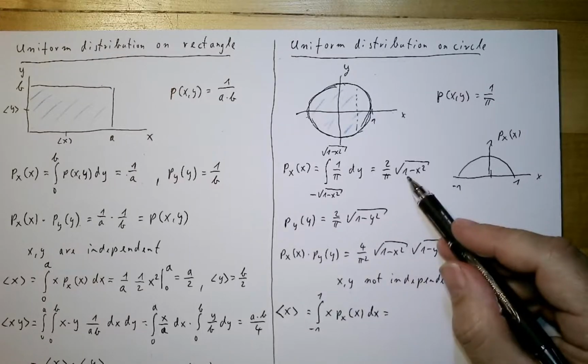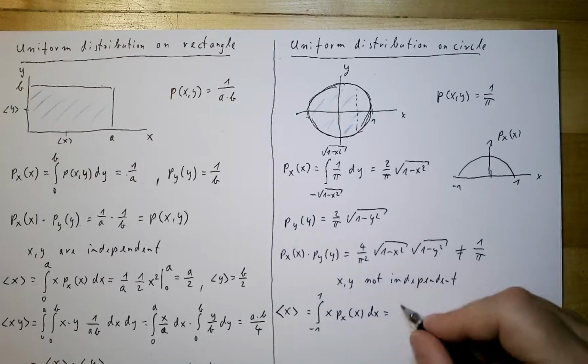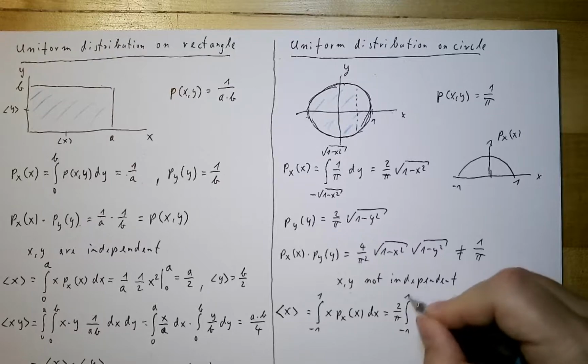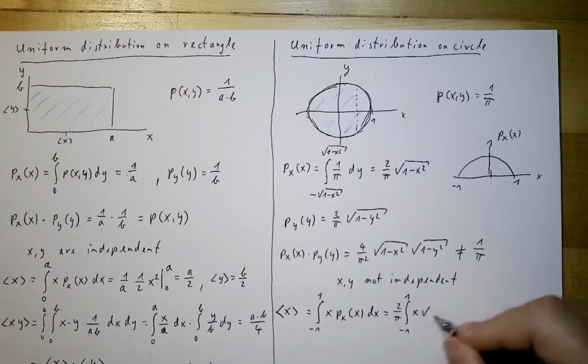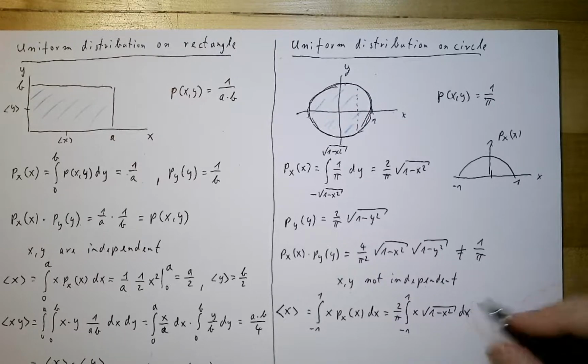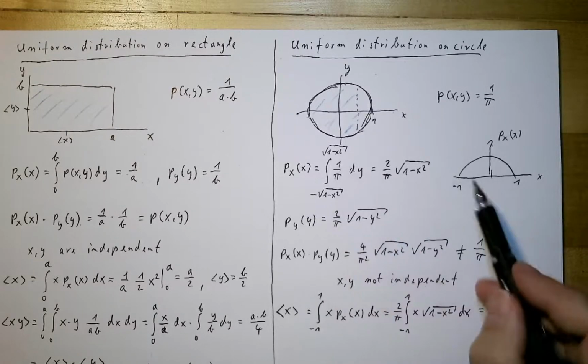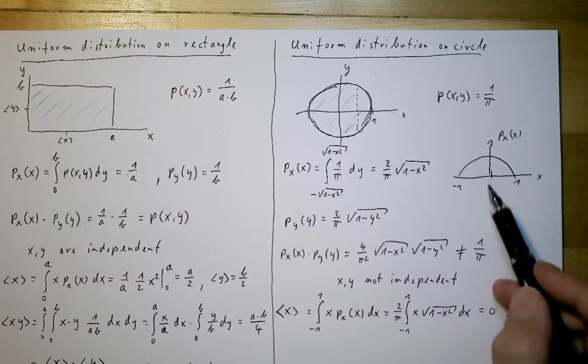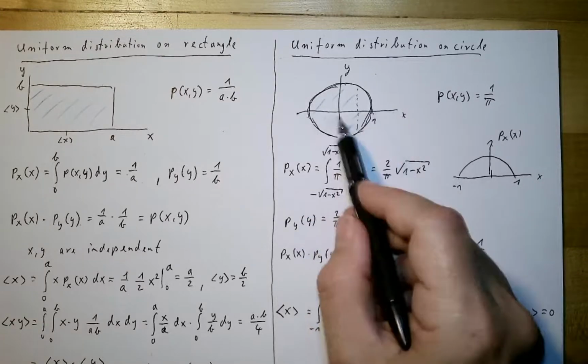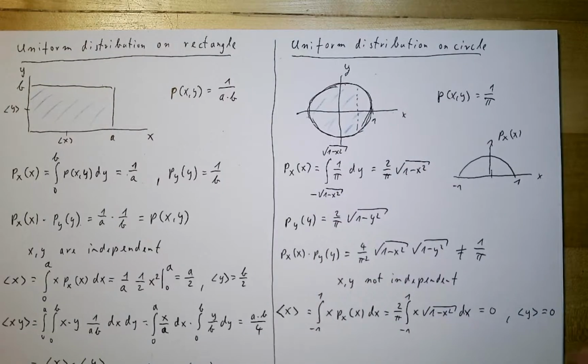The marginal distribution we had here, so we have 2 over pi, integrate from minus 1 to 1 x times the square root of 1 minus x squared dx. And by symmetry you see this is 0. In a similar way, the expectation value of y equals 0. That's also clear: the marginal distribution is symmetric, so the expectation is 0. Or here in the circle, the expectations are 0.